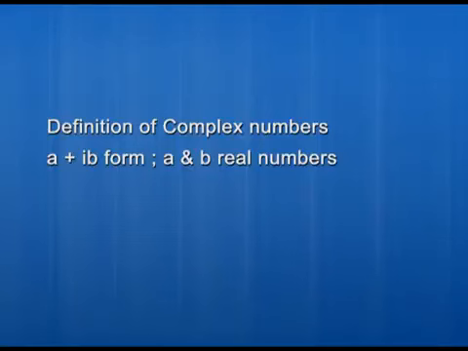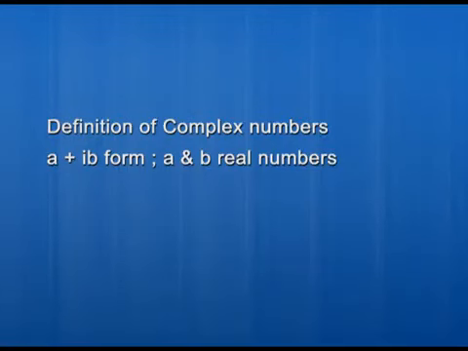Numbers of the form a plus ib are called complex numbers, where a and b are real numbers. Now you must be thinking, if we are taking the sum of two numbers, then why are we giving it a different name? Here just look, in a plus ib form I said that a and b are real numbers, but I did not say anything about i.